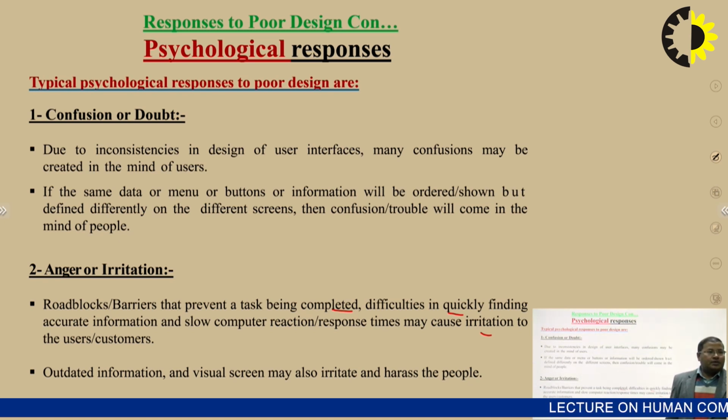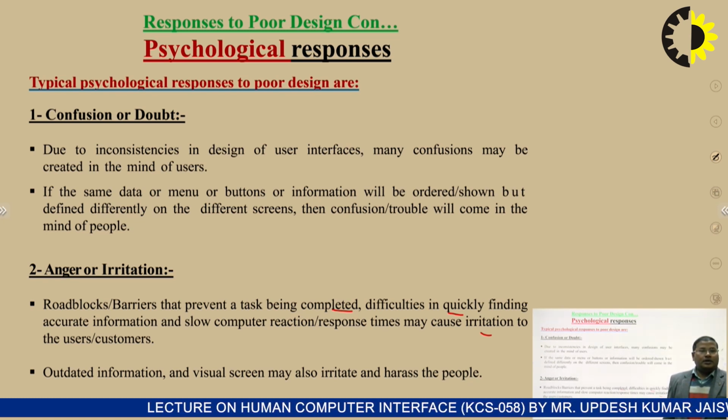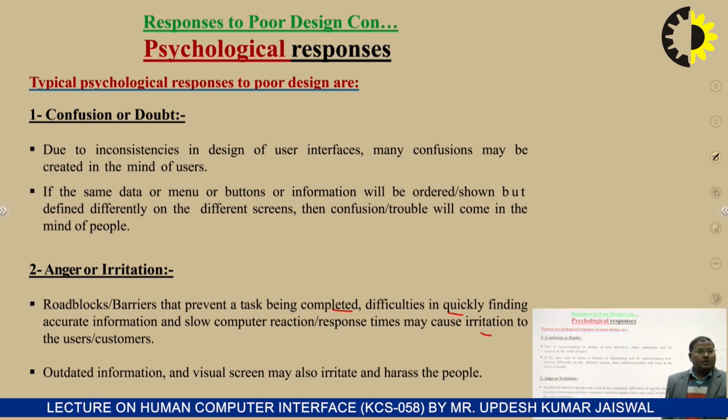Outdated information and a poor visual screen may also irritate and harass people. If the design of the visual screen is not good and the information is outdated or obsolete, it will create irritation and harassment in the mind of the user or customer.